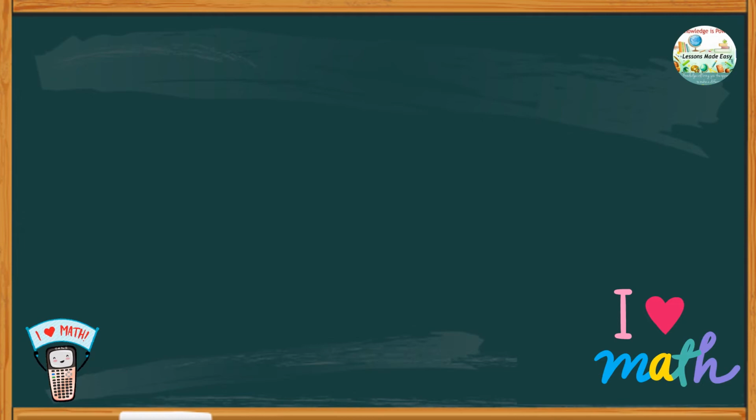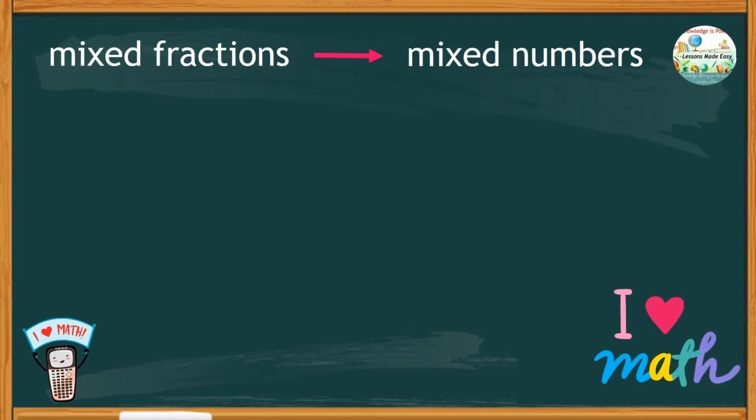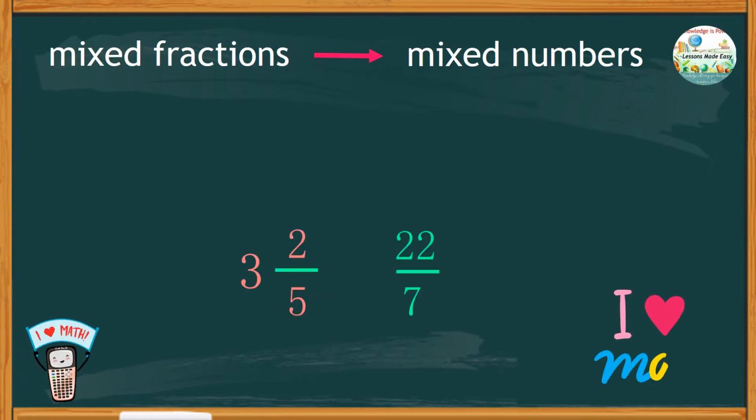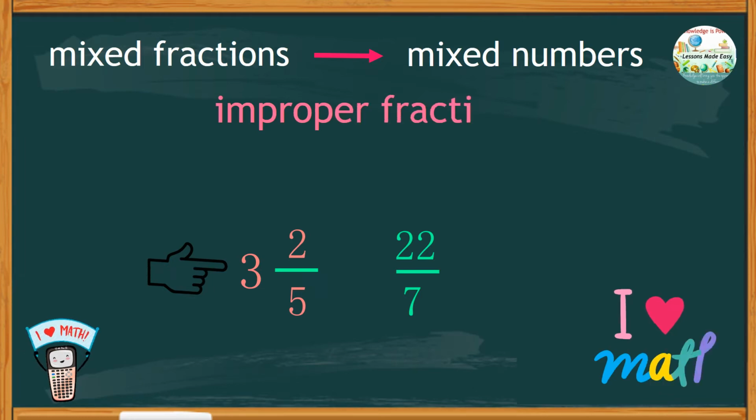Let's do another comparison involving mixed fractions or mixed numbers. Compare 3 and 2 over 5 to 22 over 7. The first thing we should do is convert the mixed number into the equivalent improper fraction.